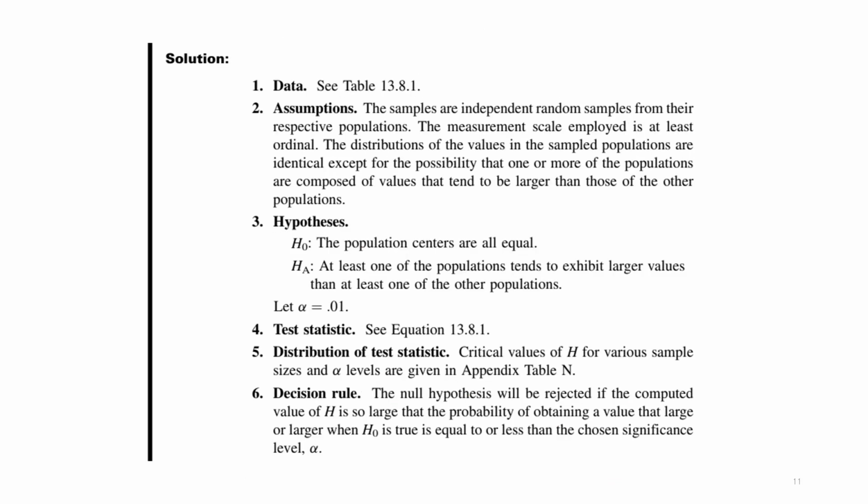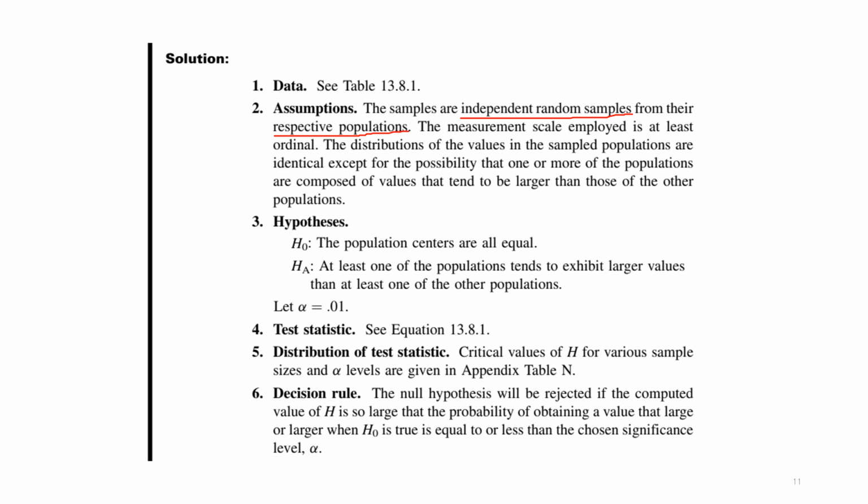Then let's go back to our sample. The data is explained already, with some assumptions. The samples are independent. An independent random sample is very important, so the groups are not related, and each comes from its respective population. All the populations are different, so they must be independent.